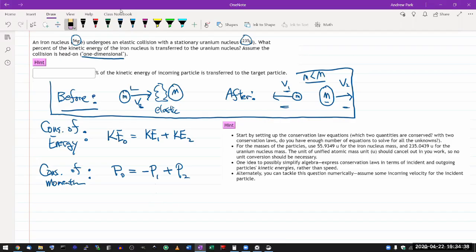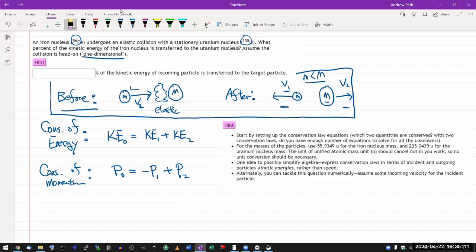And this is basically full of unknowns. So I'm going to have to start substituting in other expressions. And that's where I have an additional hint to follow. It says, for the masses of the particles, use that. That's something you can do if you are actually plugging in numbers. Here, I think this is where I was trying to give a hint, and I think it ended up not being quite enough.